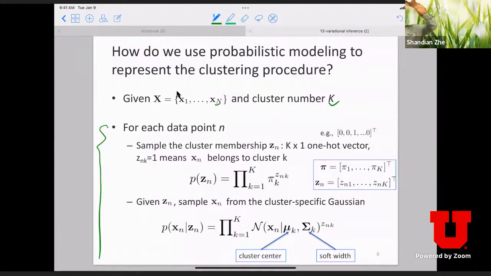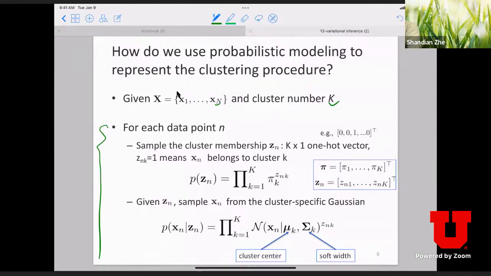Remember, whenever we build up a probabilistic model, we always need to come up with some kind of generative or sampling procedure. Hierarchically, first sample some latent random variables from some prior, and then given that latent random variable, you sample the next level random variables, and do it again and again until you sample the observed random variables. So this is a typical example.